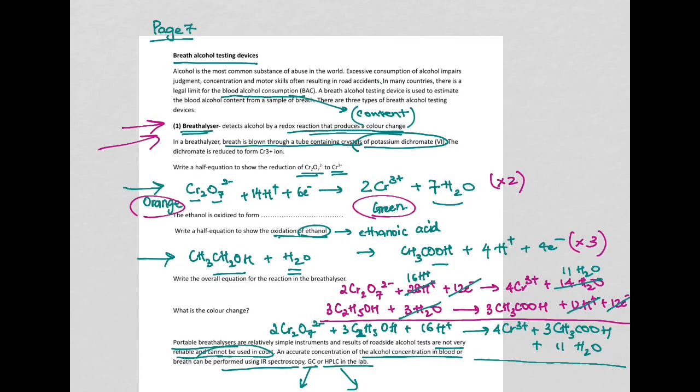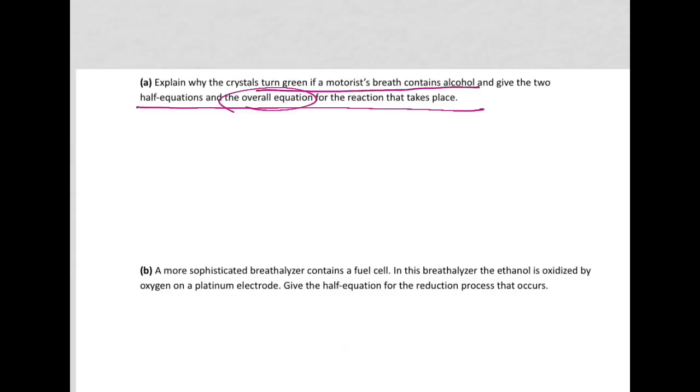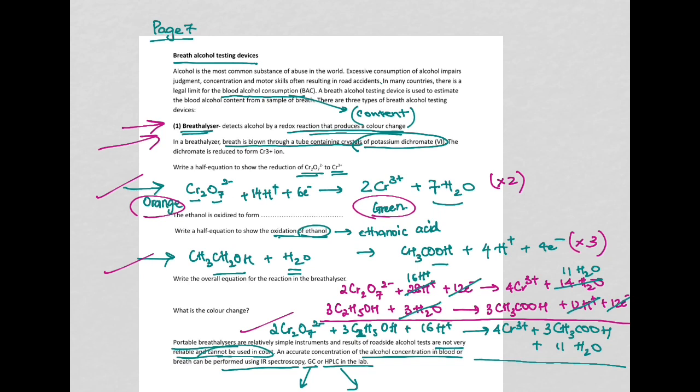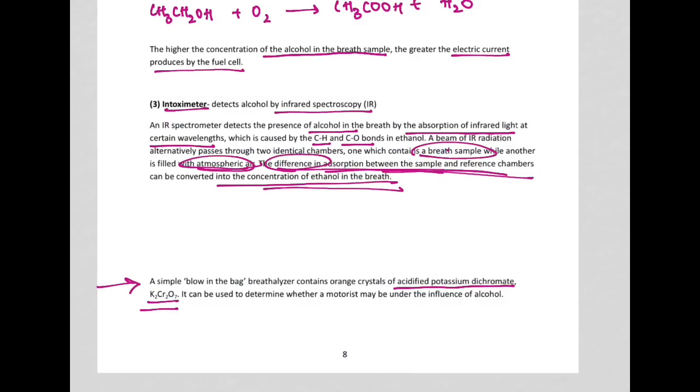So the equations can be found here. So you can see the types of questions that you're going to get. And why it turns green, it is simply because the dichromate is reduced to form Cr3+ ions, and this is green, right?